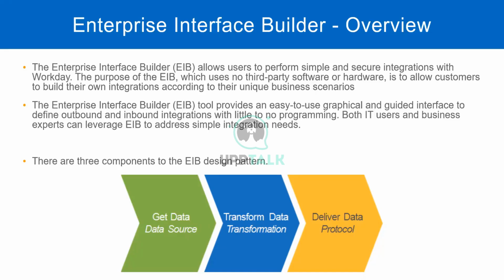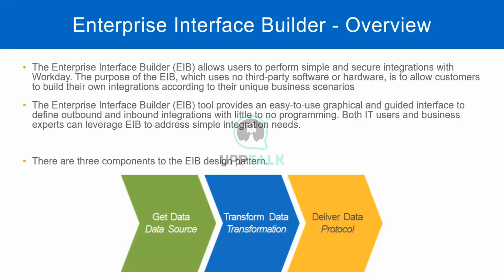When we create an integration using EIB, we will see these three steps there as well. Get data, transform data, deliver data. These are the three components in an EIB design pattern. So what we are going to do is configure these three steps. Get data.